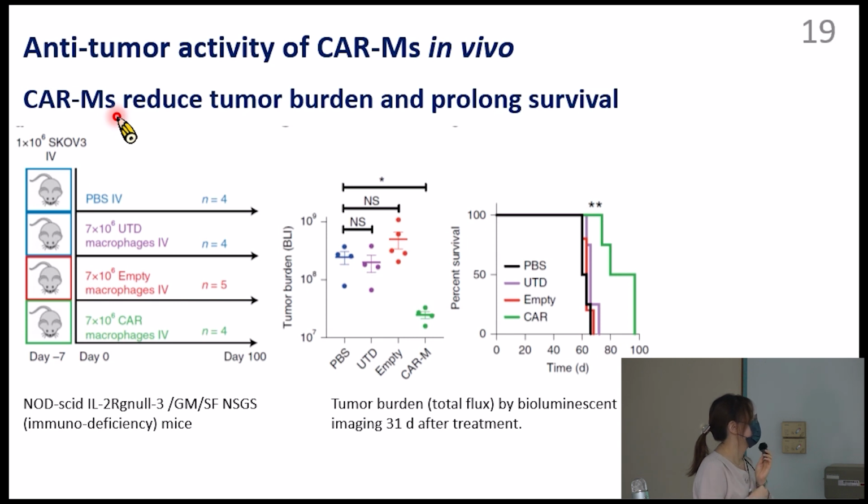So here they used the ovarian cancer cell and co-administered it with the CAR macrophage by IV into immunodeficient mice. And after around 3 months, they observed the tumor growth and the mice survival rate.